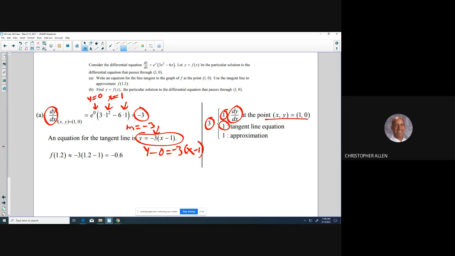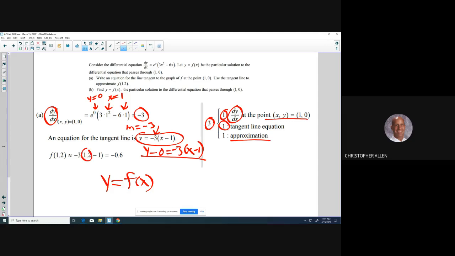So this tangent line gives us, as long as we're close to 1, a very good approximation for the value of the function. By the way, do we know yet what y equals f of x is? Nope, we don't even know. However, we can use this equation to approximate the value of the function there.